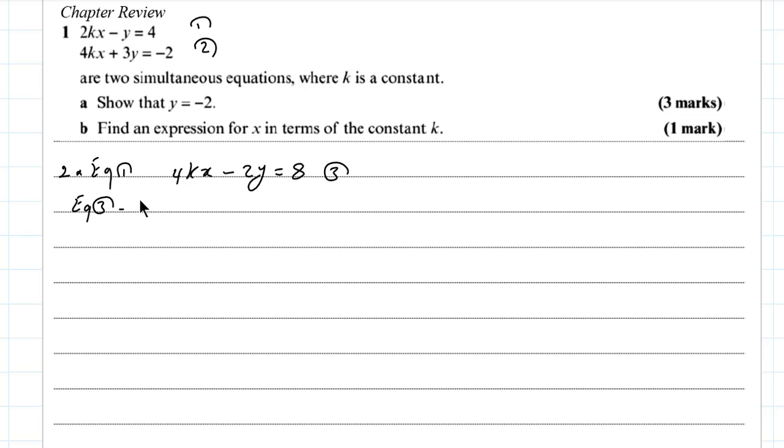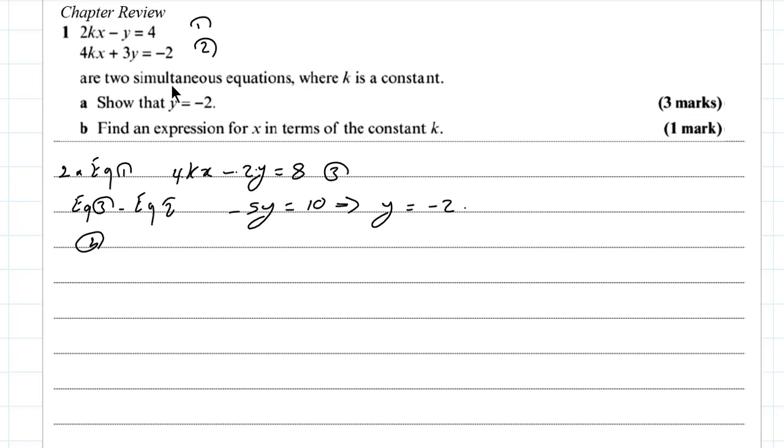We can now write equation 3 minus equation 2. And then we have 4kx minus 4kx, they will be cancelled. Negative 2y minus 3y, I will get here negative 5y equals 8 minus negative 2, which will be 10. In this case, by dividing by negative 5, y will be negative 2 as the question required. B, find an expression for x in terms of the constant k.